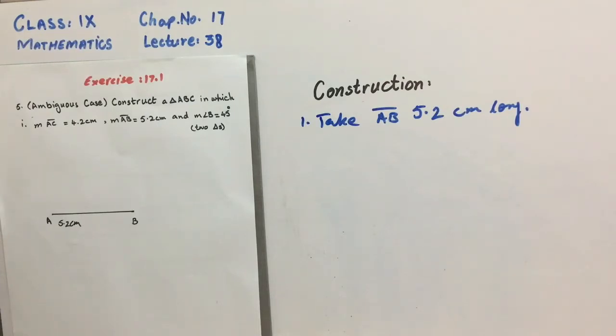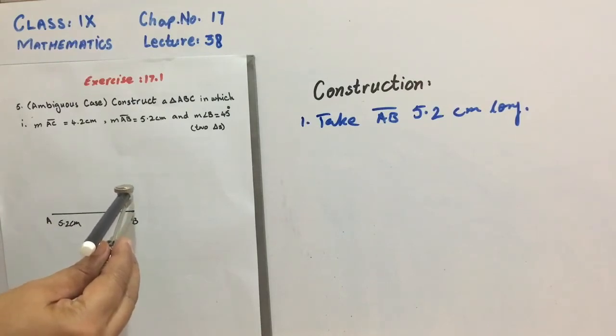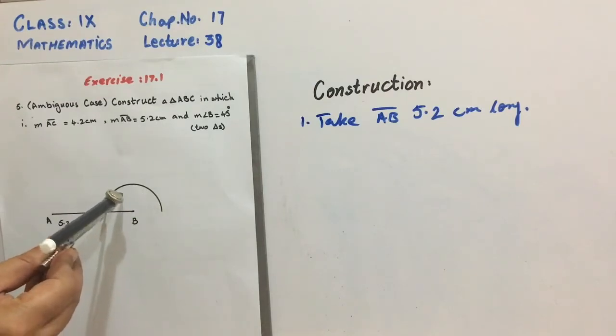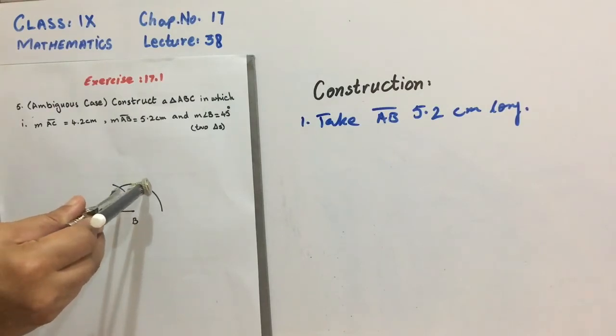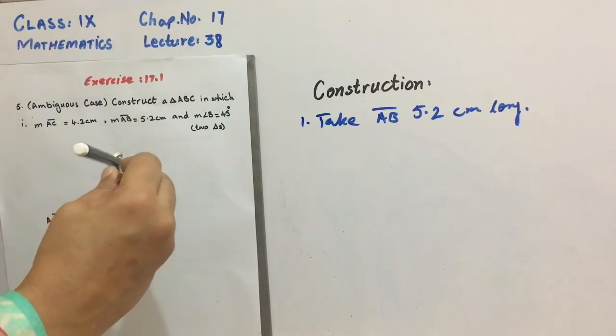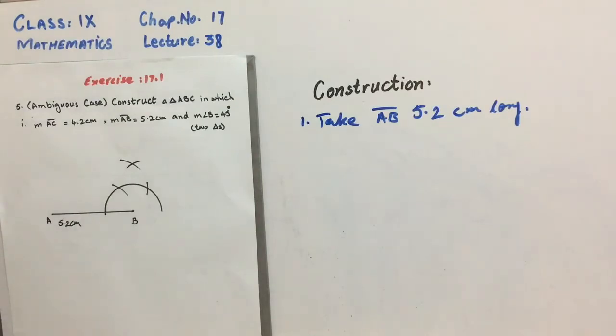For this purpose, first of all, we will draw a right angle at the vertex B. Mark 60°, 120°, and then bisect the part of the arc which shows the distance from 60 to 120°.